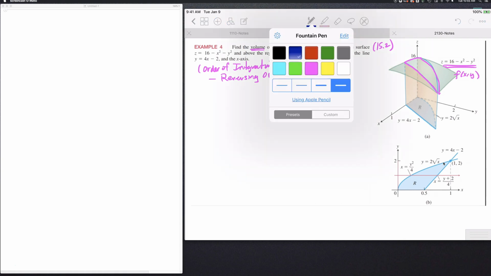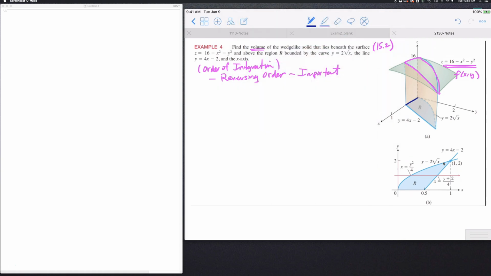Down here in the xy plane, we have a particular region, and we are trying to find the volume above that region in the xy plane, but below the surface given by the function.